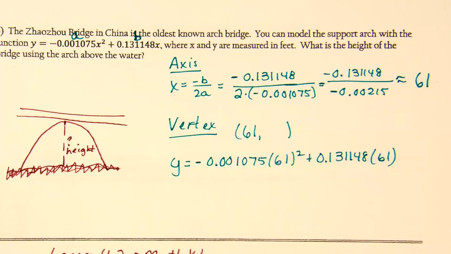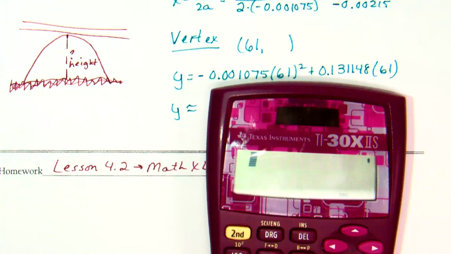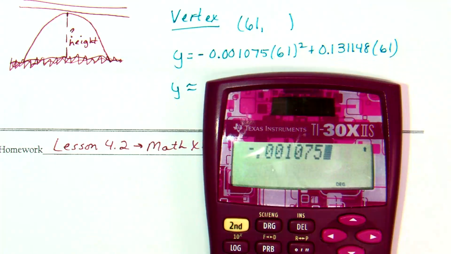Okay, so the equation from above, negative 0.001075 times 61 squared plus 0.131148 times 61. Guys, you can plug that all in at once on your calculator if you want. Negative 0.001075 times 61.